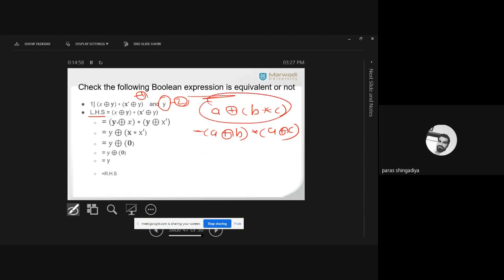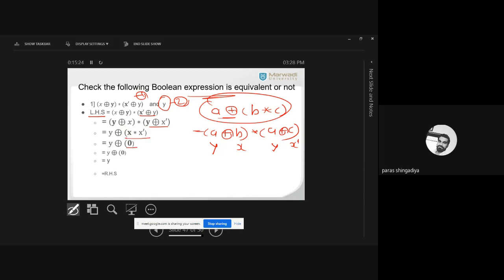So we can use this formula to get this form. Okay, so here we have to compare it. So x ring sum y same as y ring sum x, and x dash ring sum y same as y ring sum x dash. So now compare with A means y, and B means x, and here it is x dash. So it will be y ring sum, means A ring sum x star x dash. Okay, and what is the formula of x star x dash? That is zero element.